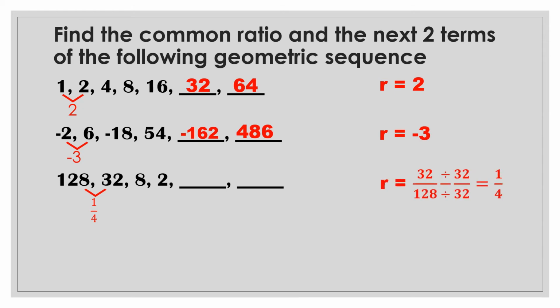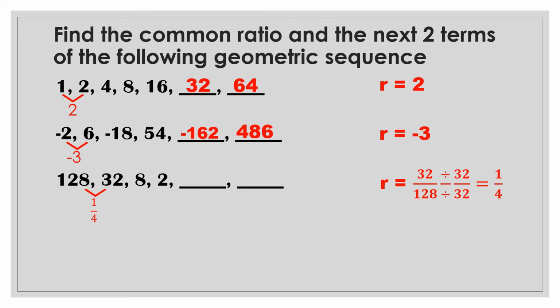The common ratio is equal to 32 over 128. Since this is a proper fraction, you have to simplify it. To do that, you divide the numerator and denominator by the GCF, which is 32. 32 divided by 32 is 1, and 128 divided by 32 is 4. Therefore, the common ratio is 1/4.